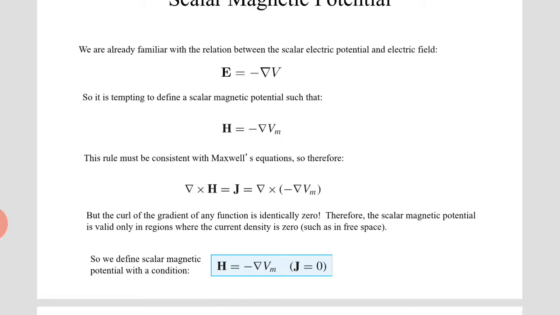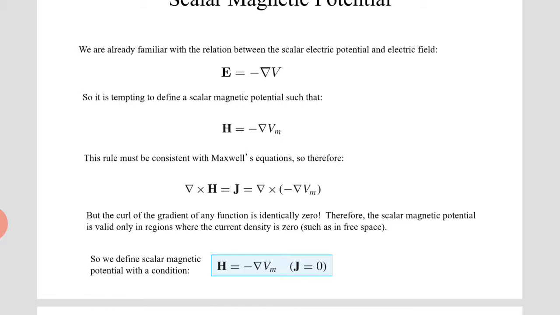So del cross H is equal to J, that is del cross of minus del of Vm. This is suitable with the Maxwell equation, but the curl of the gradient of any function is identically 0.